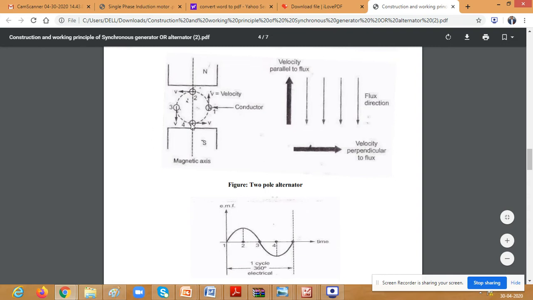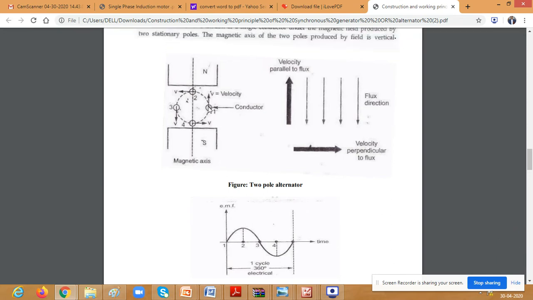When we come to the fourth condition, it is just opposite to the second condition. In this position the velocity is perpendicular to the field lines, so again our EMF is maximum, but the direction is opposite. That is why the fourth point comes here. And when we come back to point one, our rotation is completed. In this condition again the velocity is parallel to the field lines, so there is no flux cutting and no EMF.